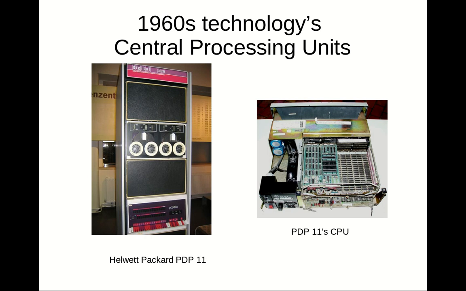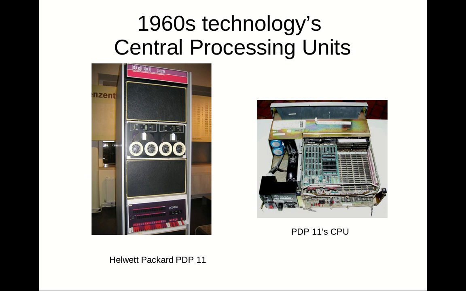And if we look inside this machine and check out what is the central processing unit of this machine, then we see this is not a single IC as we would expect nowadays, but in fact it is a whole board with many ICs put on it.